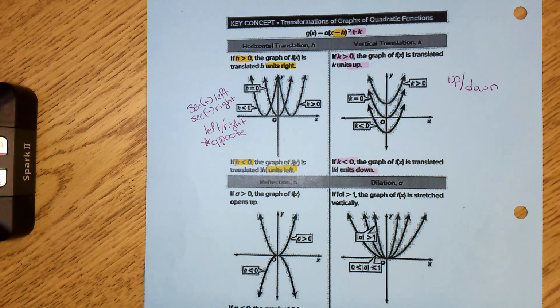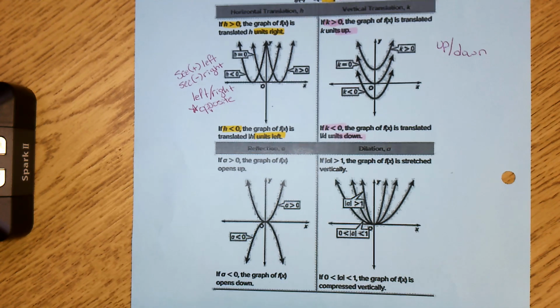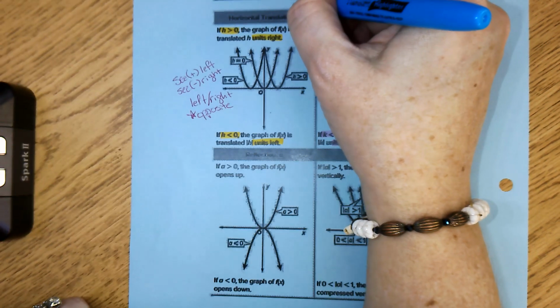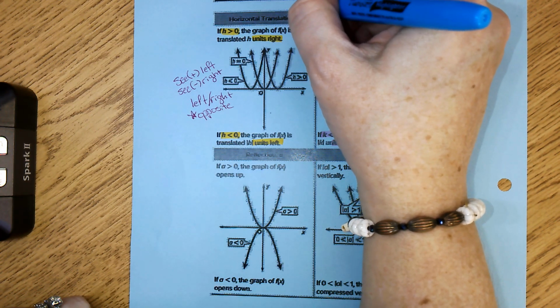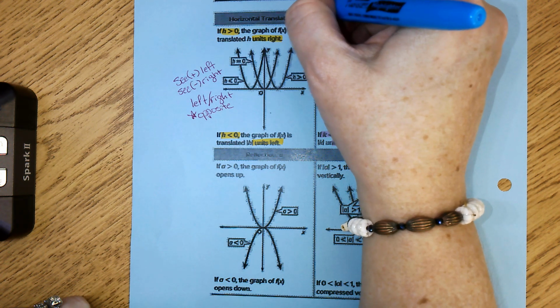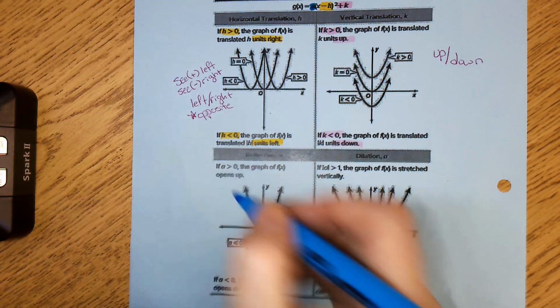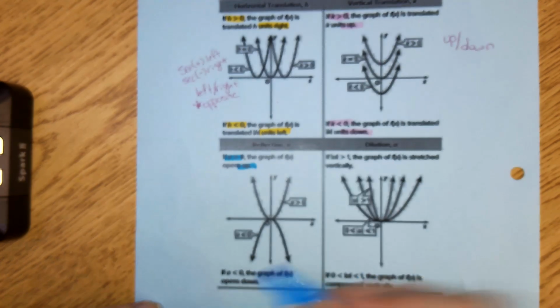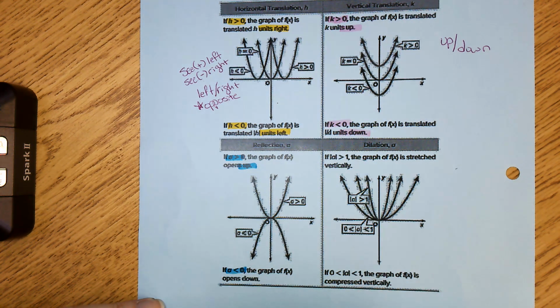Now let's get to our a's. Currently our a is telling us if we are filling our cup or emptying our cup. If a is greater than 0, it opens up. If a is less than 0, it opens down.